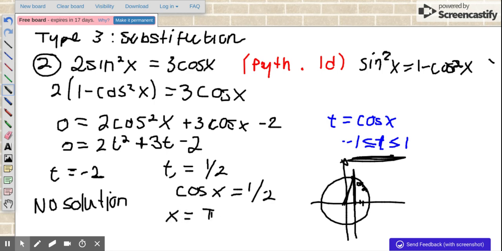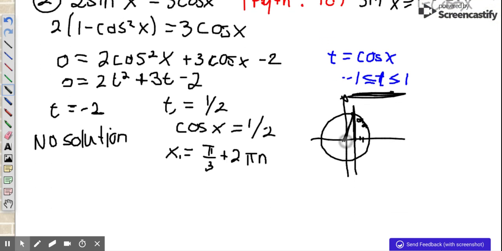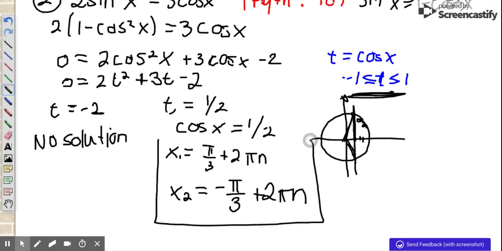So this first angle is pi over 3 plus 2 pi n, or 2k pi. And then I have a second angle down here. If you recall, I told you in the fourth quadrant, we're going to use negative angles just because it's simpler. So this is going to be minus pi over 3 plus 2 pi n. And these here are the 2 answers that will work for this equation.